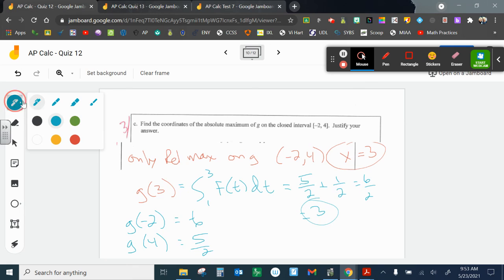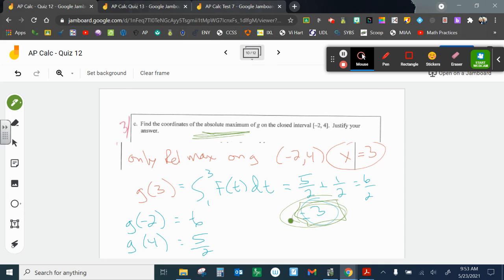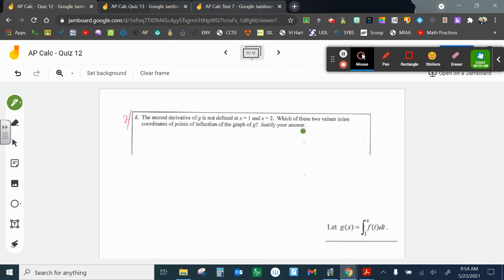So when I compare all three of these, 3 gives us our absolute max. We're trying to find the absolute max. The only max that's going to occur is at x equals 3. We put it in and found that G of 3 is 3. So I had to compare it to the two endpoints, -2 and 4, and obviously that one still stood the test of time. Okay, now D.